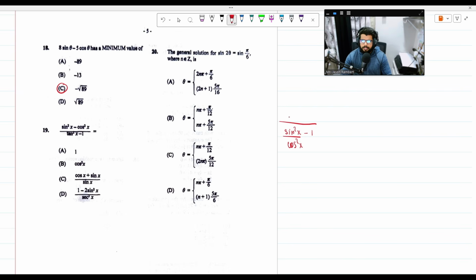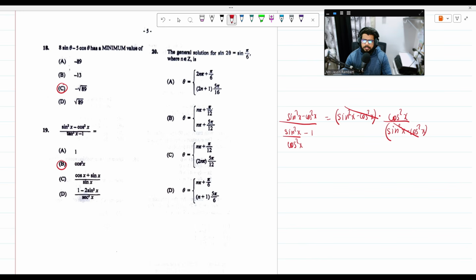We can leave it as that. So this is equal to sine squared x minus cos squared x multiplied by cos squared x over sine squared x minus cos squared x, and we get cos squared x for number 19.